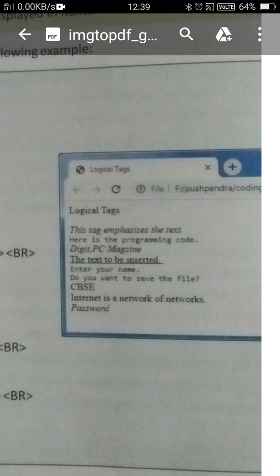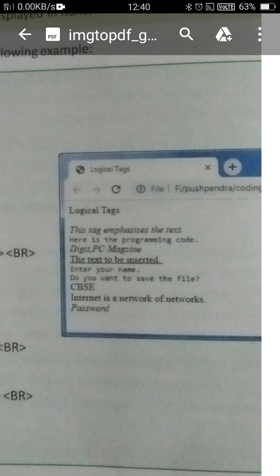Except these, 2-3 tags are also given on page number 74. These tags don't have programs with them. You just have to know what the definition of these tags is.